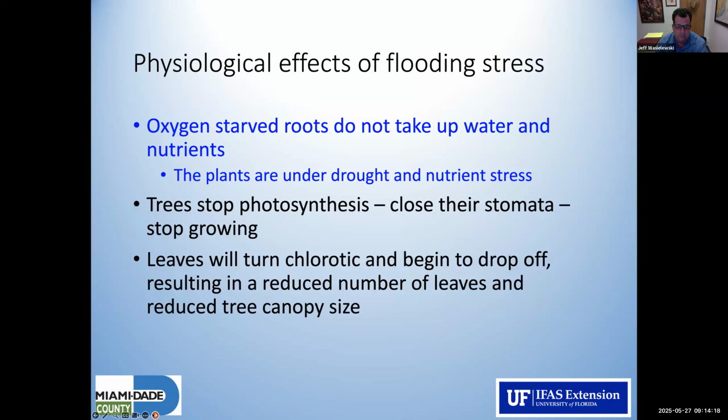The trees no longer do photosynthesis. They close their stomata. These are little things that open and close to let out water, and they stop growing. The leaves will turn chlorotic and begin to drop off, resulting in a reduced number of leaves and reduced tree canopy size. So you see, all these effects from the flooding just keep rolling and rolling.